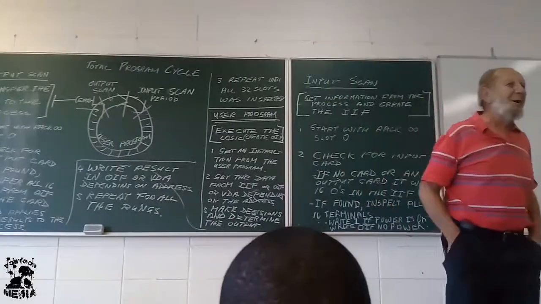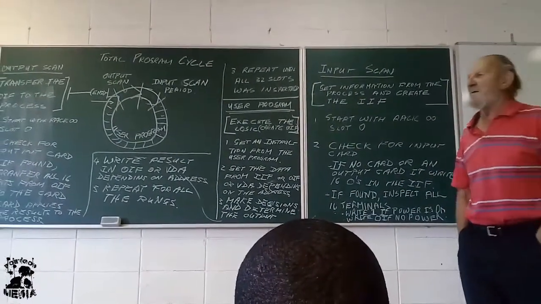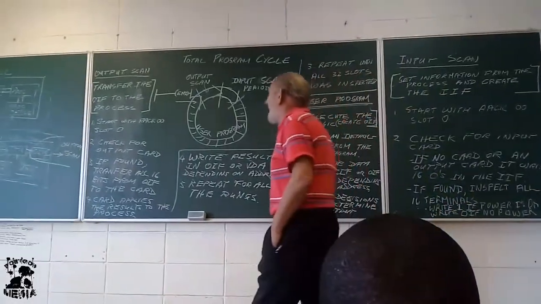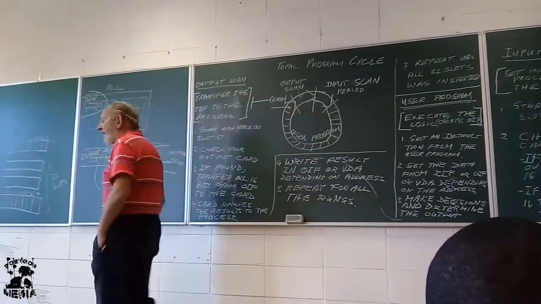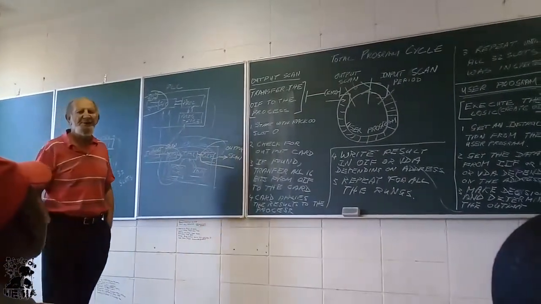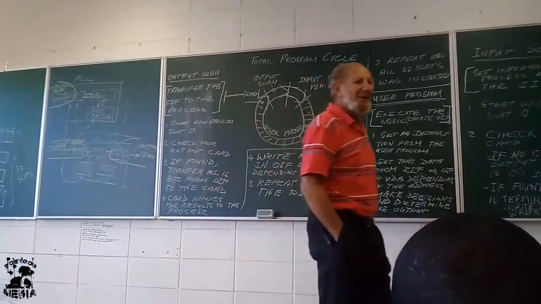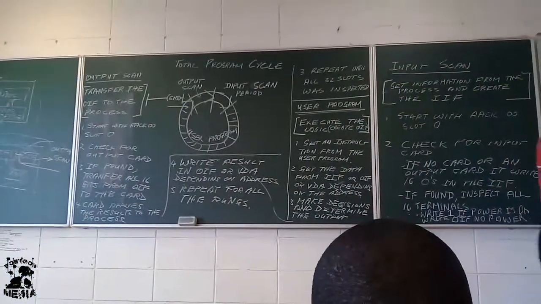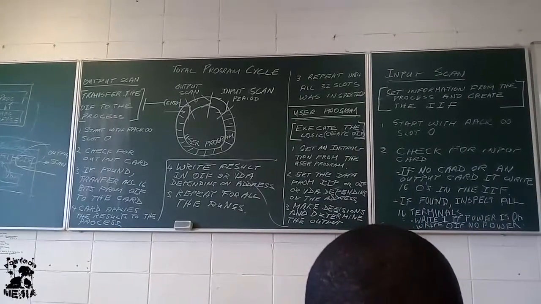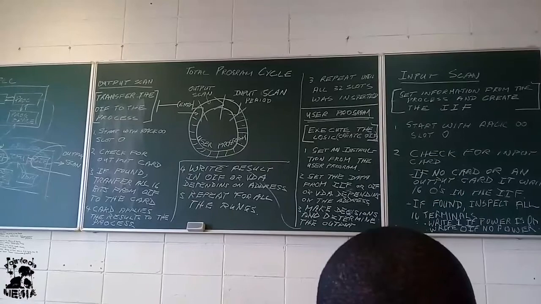But it is possible that everything happens in microseconds and that total program cycle is repeated at a very high speed of more than 1,000 times per second. That is possible. Depending also on what type of CPU you are using.